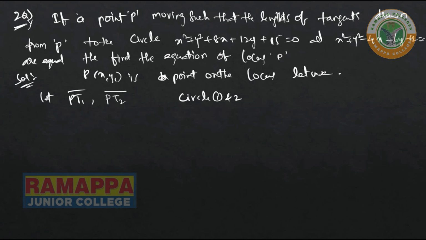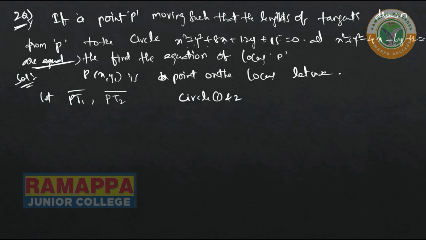The question is: a point moves such that the lengths of the tangents drawn from P to the circles x square plus y square plus 8x plus 12y plus 15 is equal to 0, and x square plus y square minus 4x minus 6y minus 12 are equal.